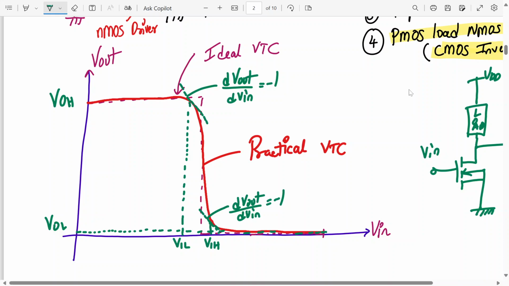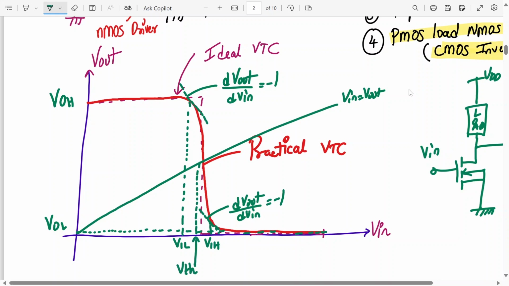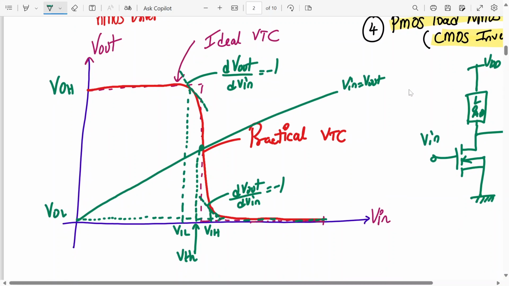And lastly, when we plot the graph of V in equal to V out, this is the V in equal to V out curve, a straight line. If you extend it down, what you should get is VTH, the threshold voltage of the CMOS inverter. Alright.